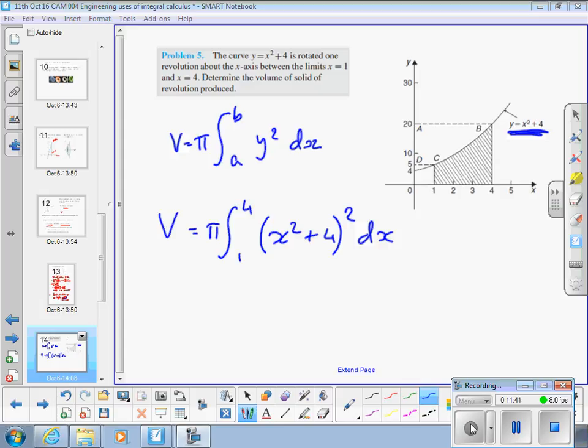Do you all agree with me up to there? I've replaced y in the general form with x squared plus 4 and squared it, multiplied out the brackets to get a function that's ready for integration.